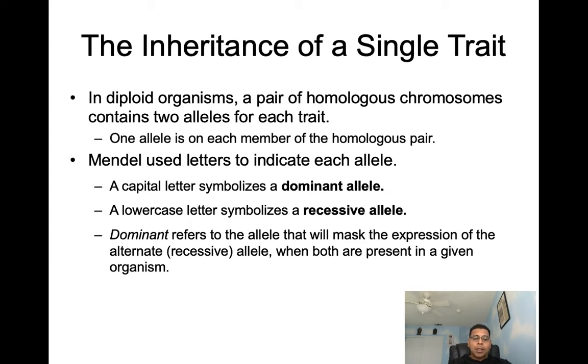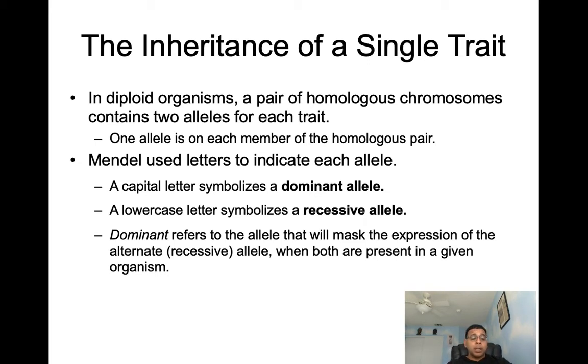Mendel suggested using letters to indicate these different factors, which we now call alleles. A capital letter is going to indicate a dominant allele, and a lowercase letter is going to indicate a recessive allele. Dominant means alleles will mask the expression of the recessive allele.